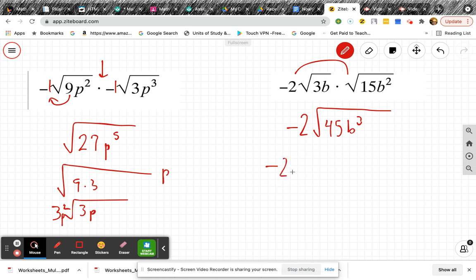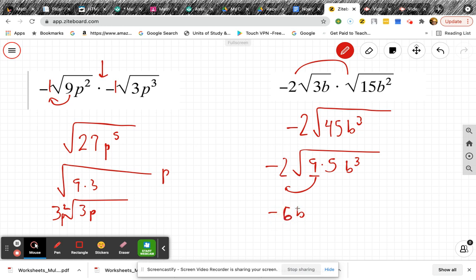No, because 45 can be broken down into 9 times 5, and b to the third. 9 is a perfect square, comes out as a 3. 3 times -2 is -6. B to the third has a perfect square in it, right? This should be a -6.